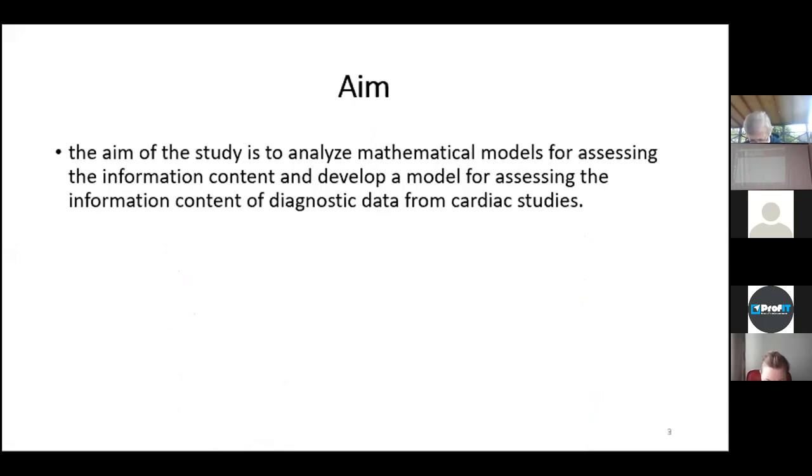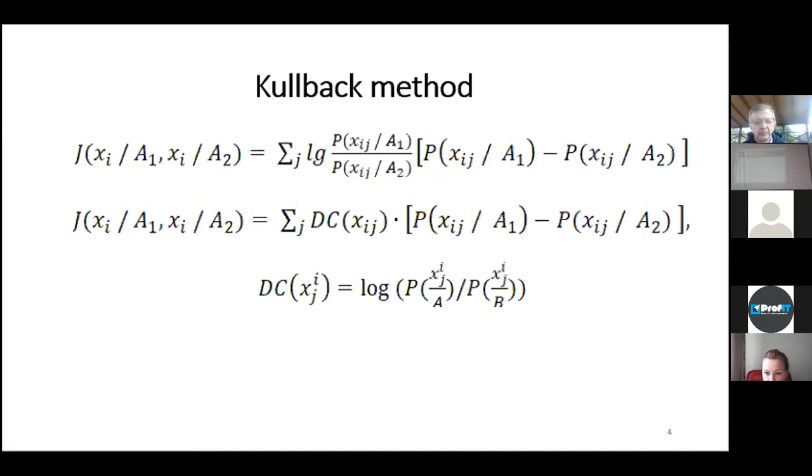The aim of the study is to analyze mathematical models of assessing the information content and develop a model of assessing the information content of diagnostic data from cardiac studies. Any biometrical information processing is dedicated to specific purposes such as research, treatment, breeding, etc. Perhaps the most important goal of medical research is the classification of the object, in relation to the patient, and disease diagnostics.